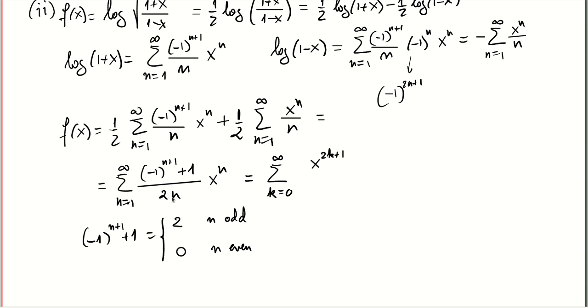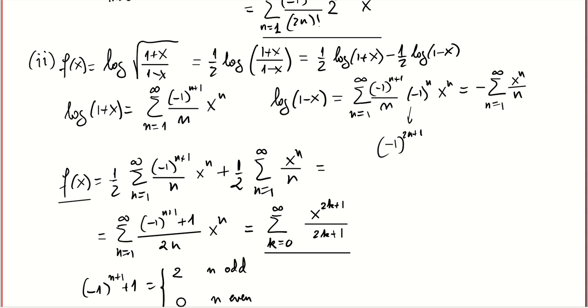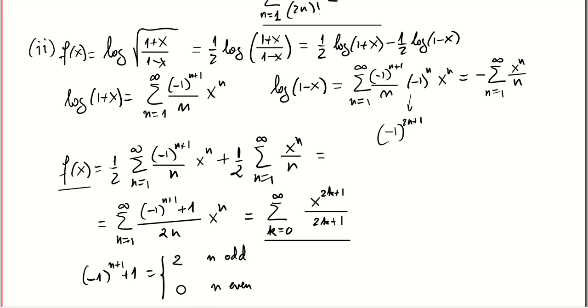And we're left with n here, and n, as you see, is 2k plus 1. So you have this very nice simple expression for the expansion of this function f, right? f looked pretty complicated when we had it written in this form, but it turns out to have a very simple power series. It just contains the odd powers, and the coefficient is just 1 over the power. That's it. All right? Okay, so that's the second one.